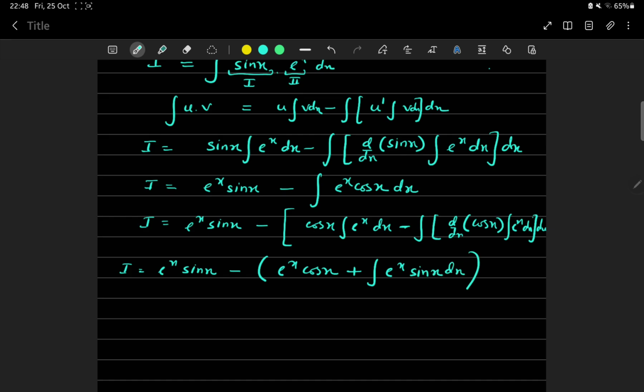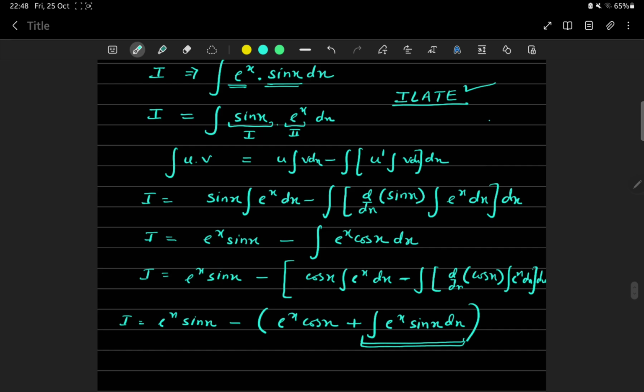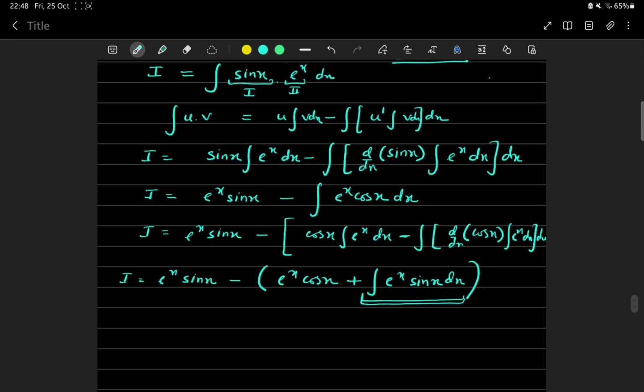Okay, now this is again the question that we have started with. This can be written as I, because it is the same integral that we have started with. Okay, integral e to the power x sin x dx. So here in place of this you can write I, e to the power x sin x. So here you can write I, so e to the power x, open the bracket, so this will become e to the power x cos x minus e to the power x integral, sorry, we'll write it as I, okay.